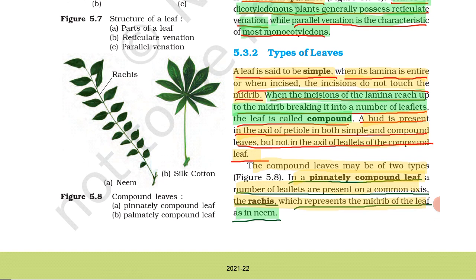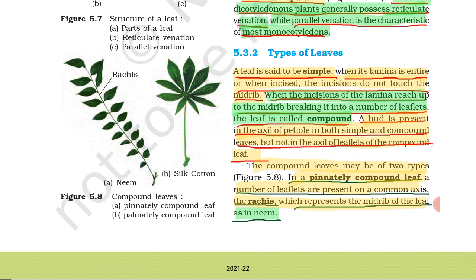A bud is present in the axil of the petiole in both simple and compound leaves, but not in the axil of leaflets of a compound leaf. A compound leaf may be of two types: pinnately compound leaf.